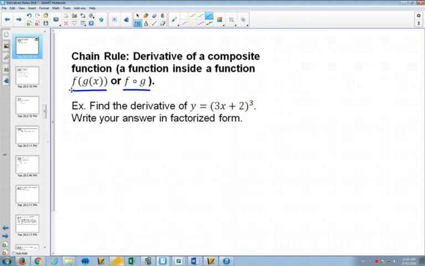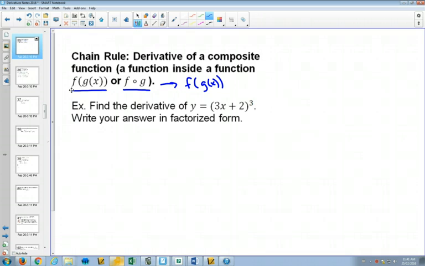But it also means that g is inside of f. But it's much less easy to see. So whenever I have this notation, I tend to say, well, I'm going to rewrite this like that. So when we see f composition g, we can say, well, that means g of x is inside of f of x.